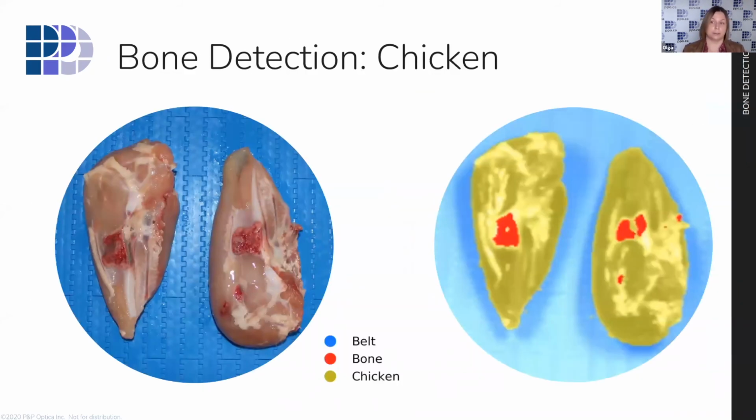So here is an image of detection of bone in chicken. And what I wanted to bring your attention to is the fact that we're not looking here at density, but we're actually seeing different chemical composition of bone versus meat. So, connective tissues and fat will look different than bone, even if visually it's quite similar coloration and so forth.